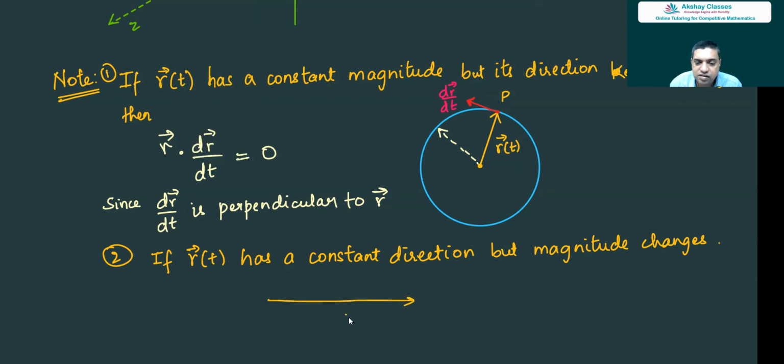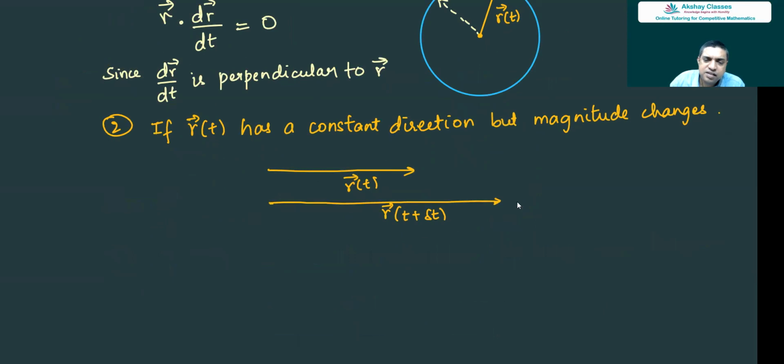This is r, and in the same line, I'm not showing it purposely, this is at time t, and this is at time t plus delta t.